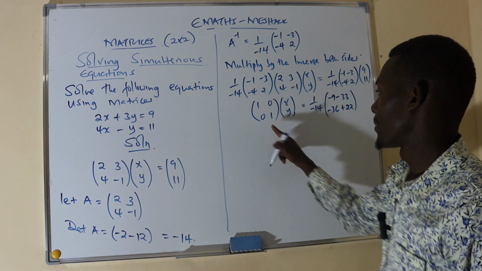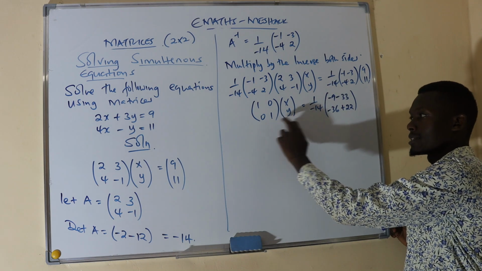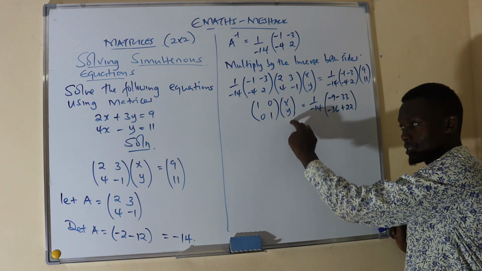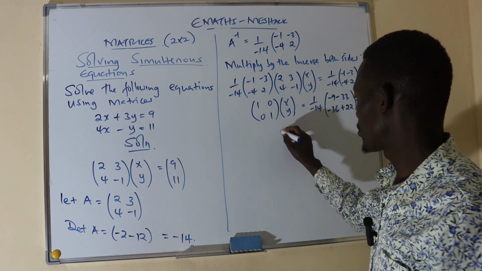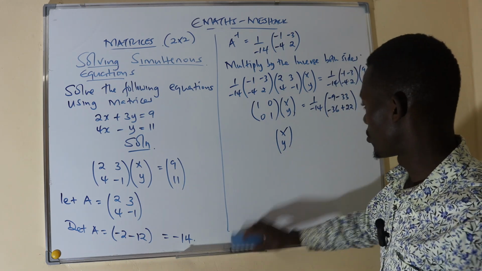Now let's check here. This one is an identity matrix, I. When you multiply an identity matrix times any matrix, it gives you the same matrix. So this side narrows down to become x, y.